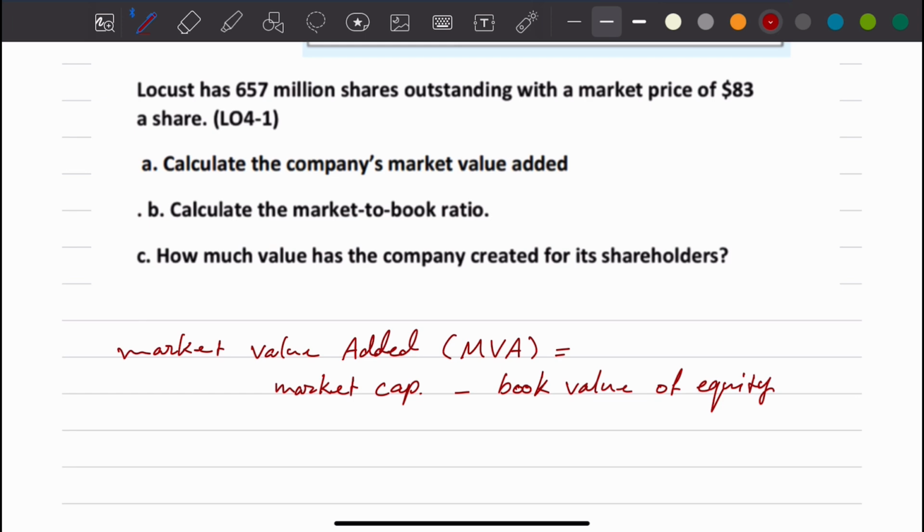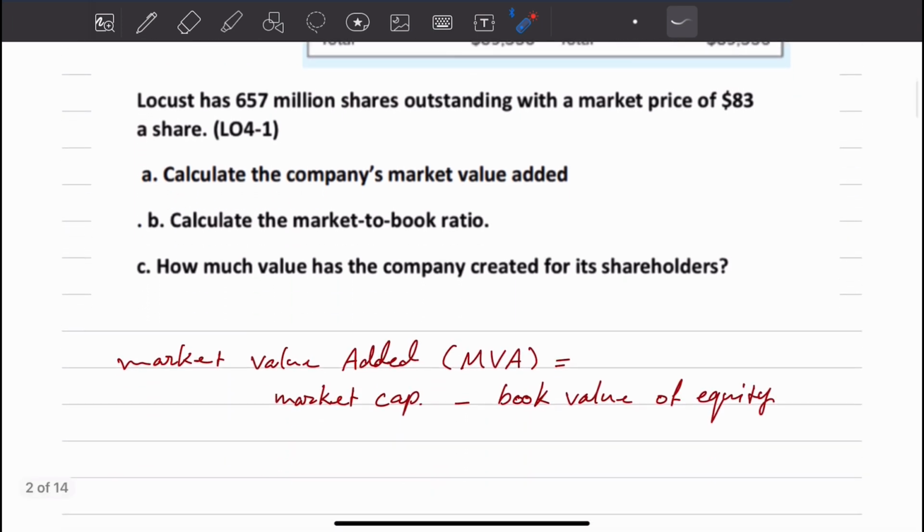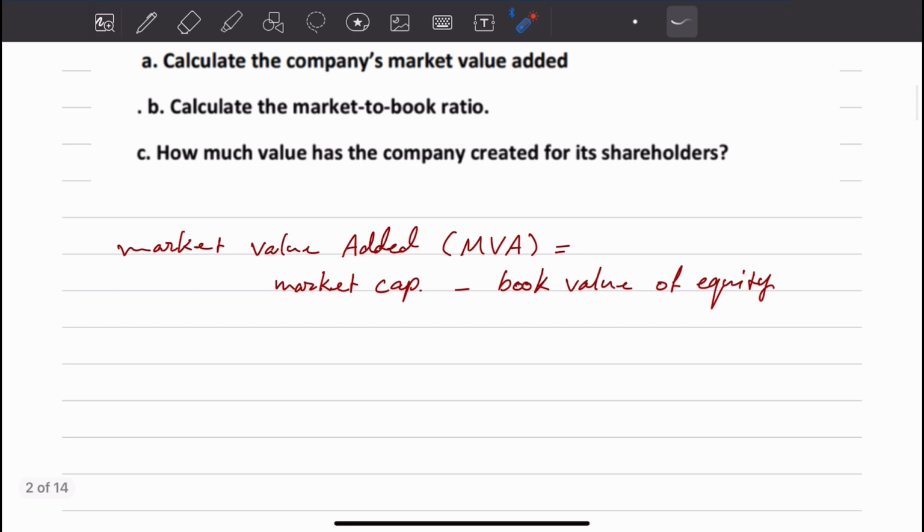So in our formula, as you can see, we have two components. We have market capitalization and book value of equity. Now for this one, we can directly get it from the partial balance sheet right here, equity, 17,532. But for the market cap, we're going to need to do some calculation. So how do we calculate the market capitalization?